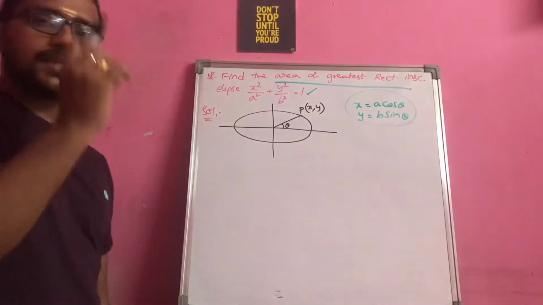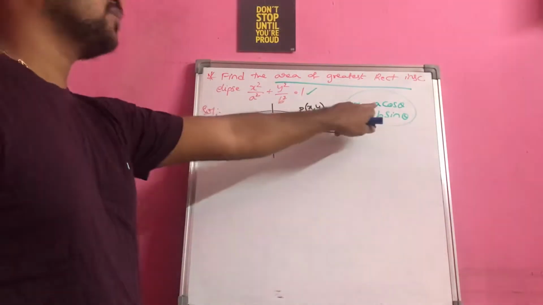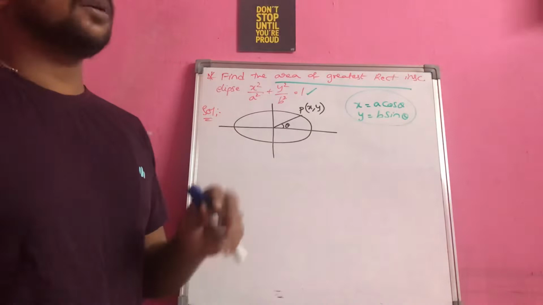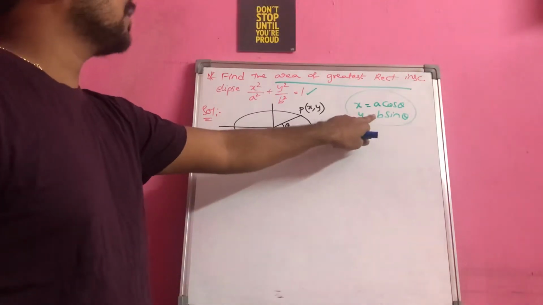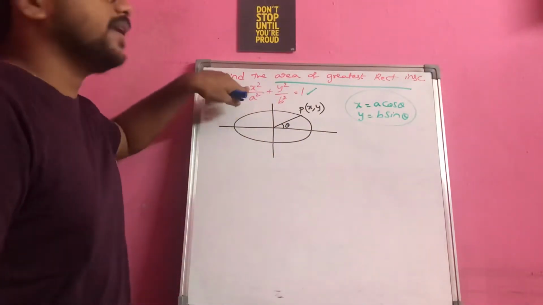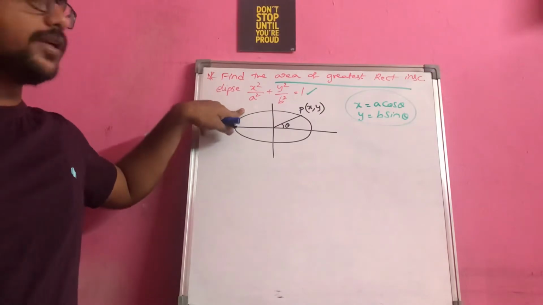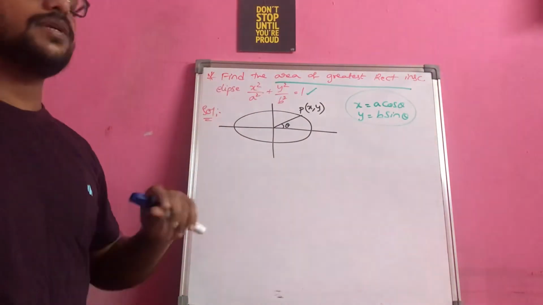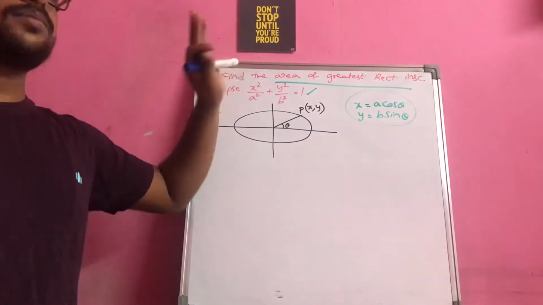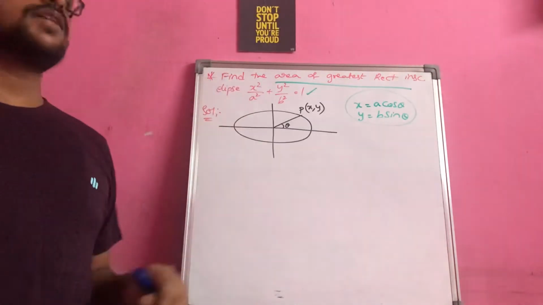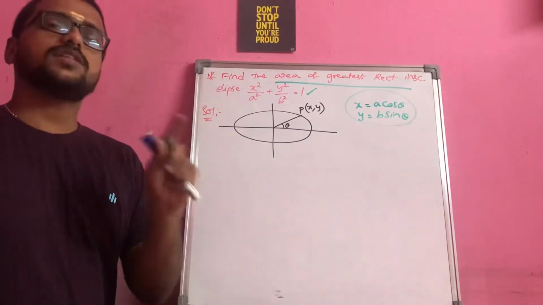When it makes an angle theta, I can substitute x equal to a cos theta, y equal to b sin theta, because if you substitute here, you will get a square cos square theta by a square plus b square sin square theta by b square. A square and b square will get cancelled. You will get cos square theta plus sin square theta, which is equal to 1.